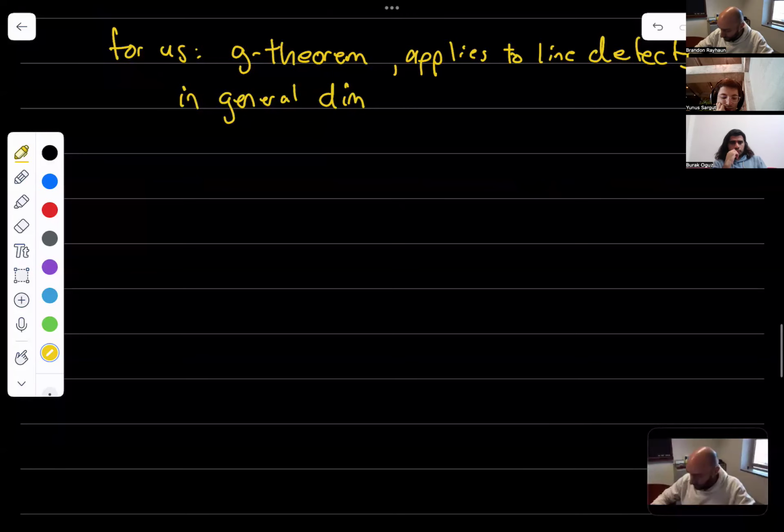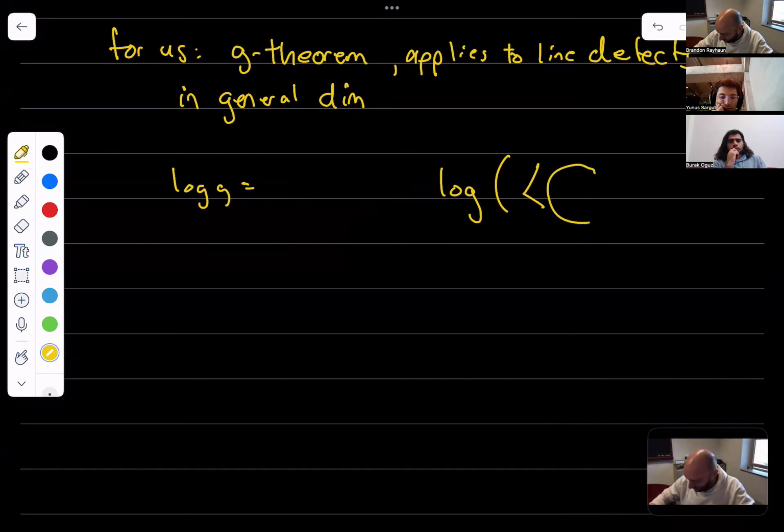The way that you would like to define G is as essentially the expectation value of the line operator when it's wound into a circle of radius r.